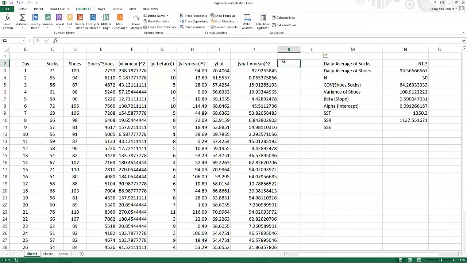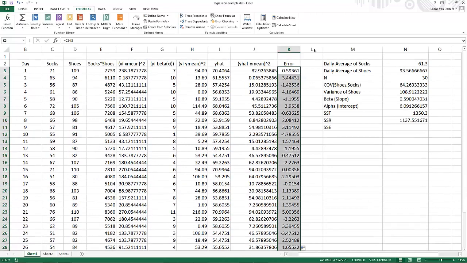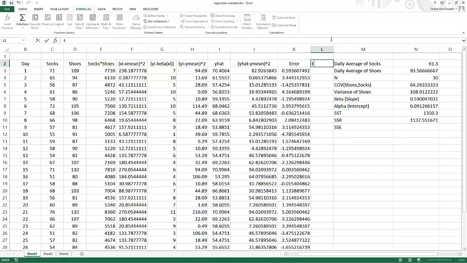Actually, yeah, I'm just going to calculate the error. So it's going to be equal to the number of socks actually sold during that day minus y hat, and then I'm going to put in here the error squared.